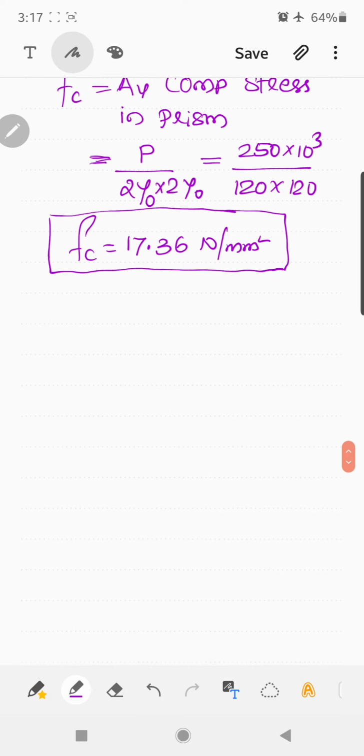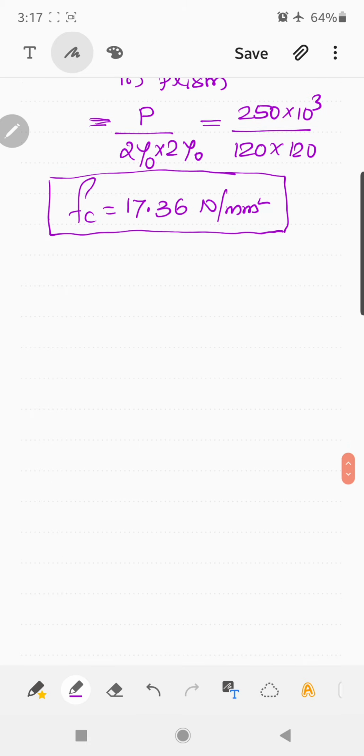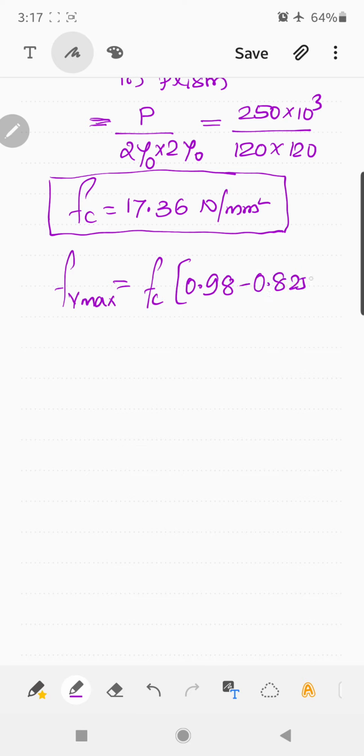Now, knowing the FC value, you can calculate FV max, the maximum tensile stress. As per Zielinski, it is FC into (0.98 minus 0.825 into the distribution factor yp naught by y naught).